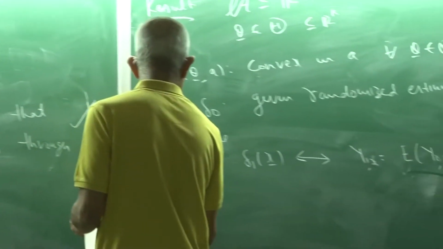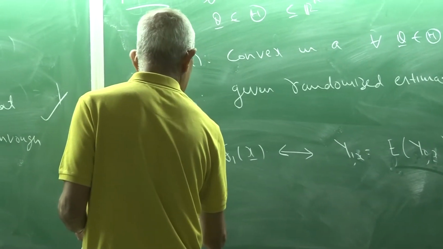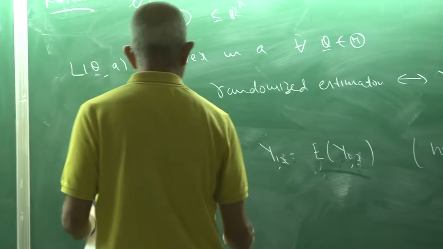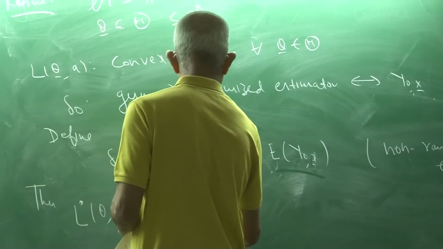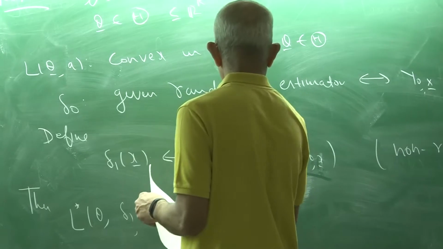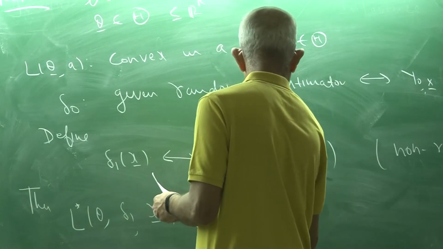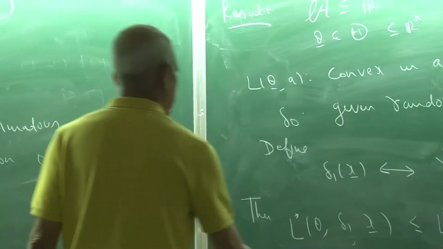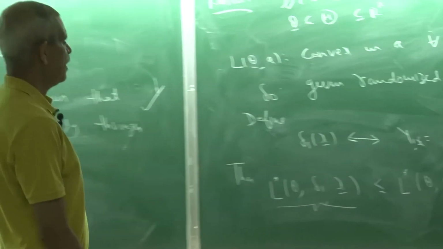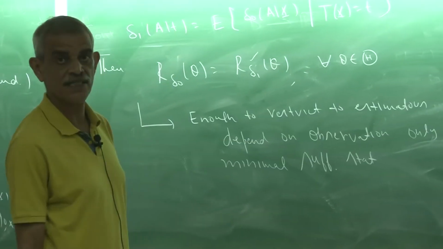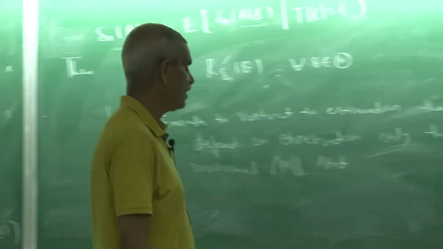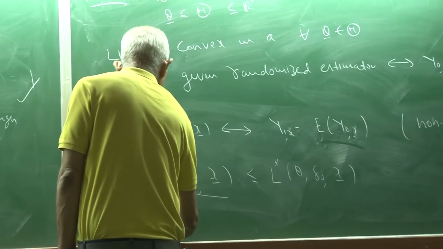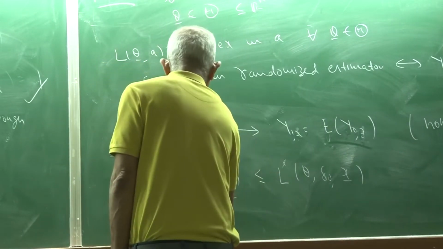Then L star of theta and delta 1 of x would always be less than or equal to L star of theta and delta naught of x. In fact, in this case, because no randomization is involved at the second stage, this would be nothing but L of theta and this Y 1 of x, because that is the action you will take.